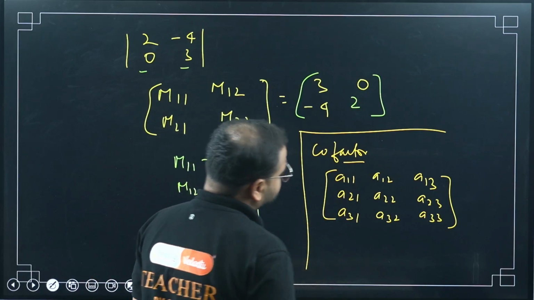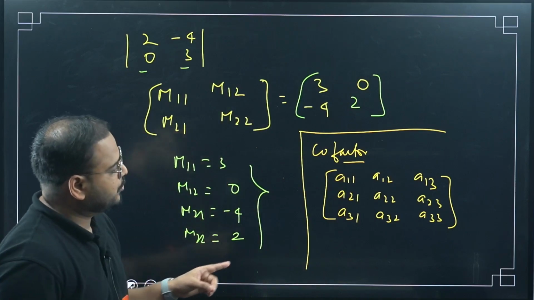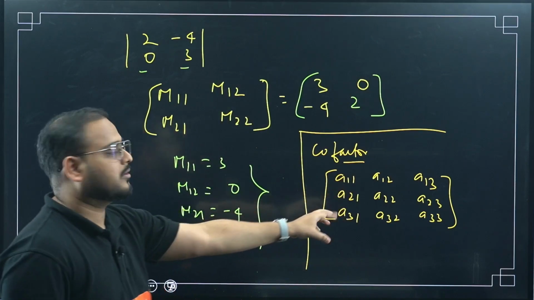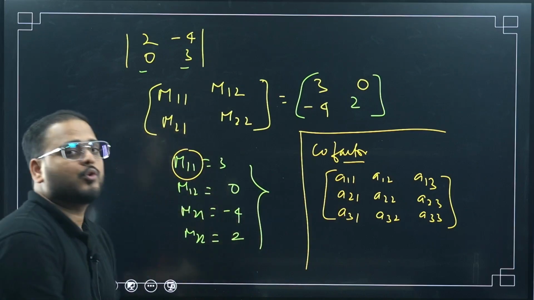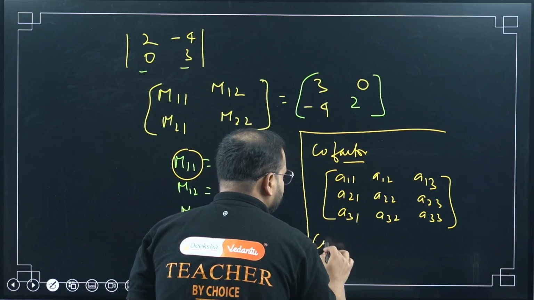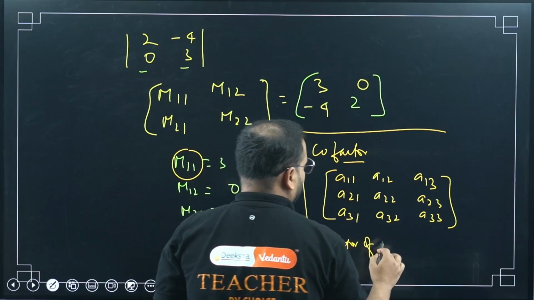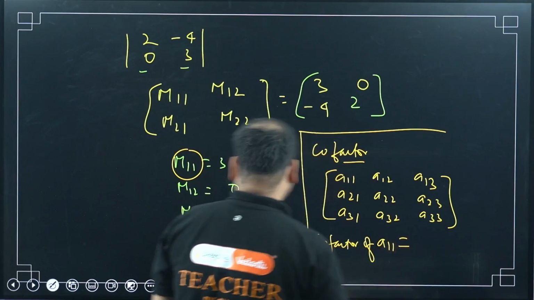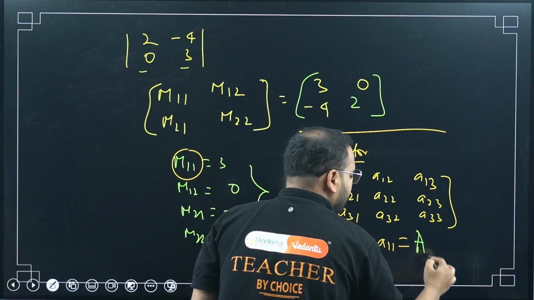Now if you check here, A11 has this element. What was the minor of this? M11, yes or no? So if they are asking us the cofactor of A11, there is a symbol for this, given by capital A11.